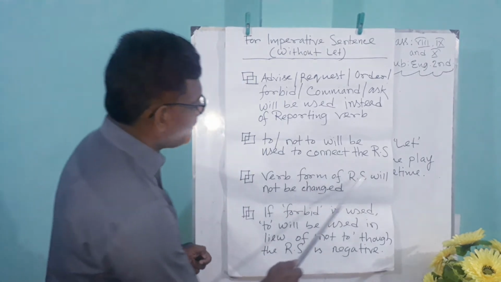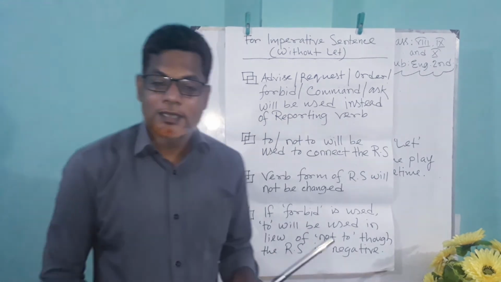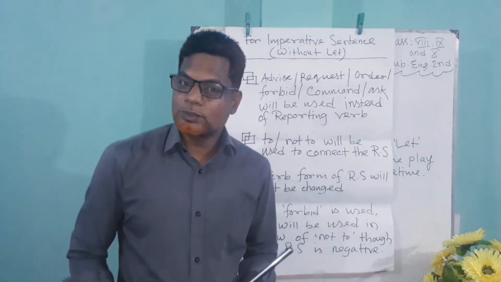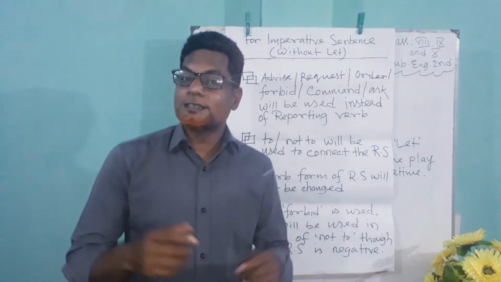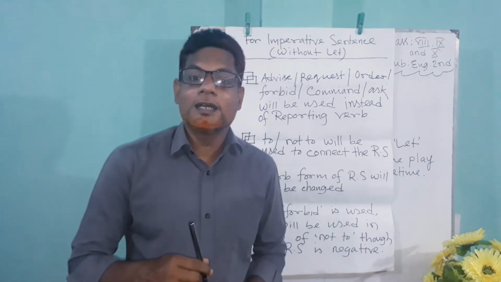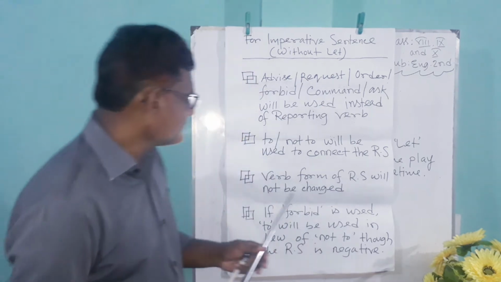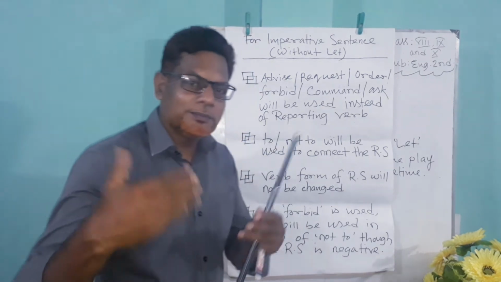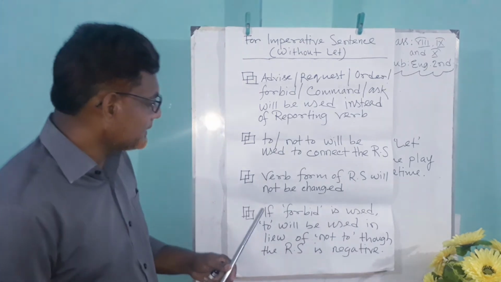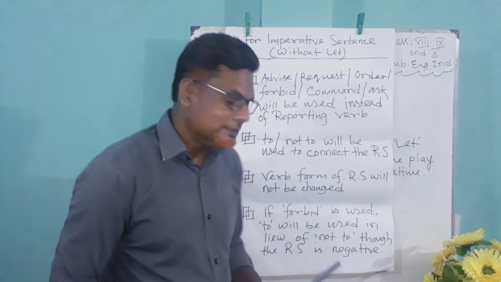Then the verb form of the reporter's speech will not be changed. In our last two classes, I showed you if the sentence of the reporting verb is past, the tense of the reporter's speech may be changed. All present will be changed into past. But in this case, the verb form will not be changed.